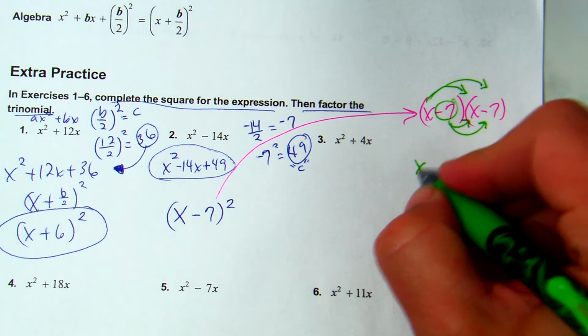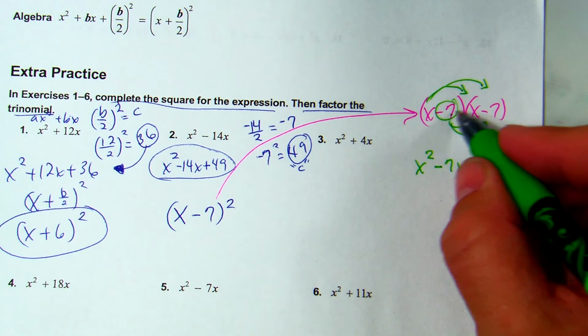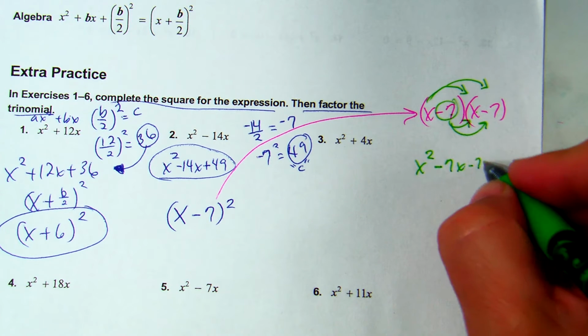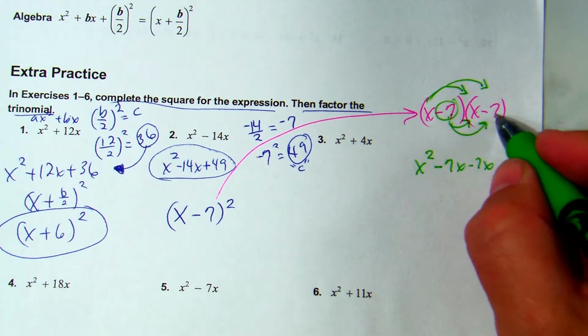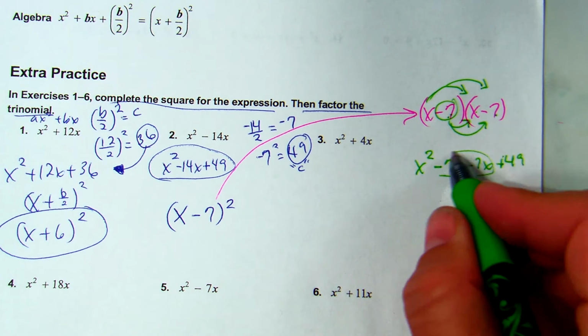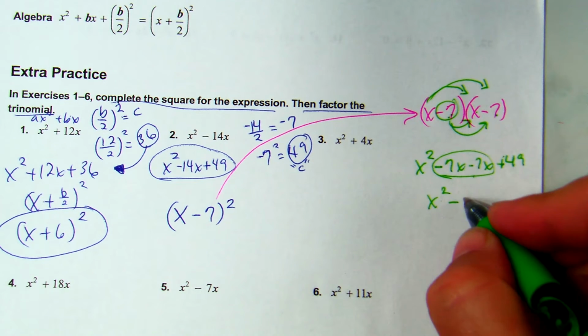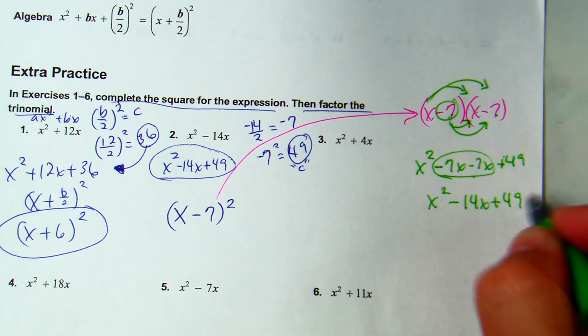So I'm going to have x squared minus 7x, and then negative 7x times x will be another negative 7x, and then negative 7 times negative 7 will be a positive 49. When I add those two middle terms together, I end up with x squared minus 14x plus 49.